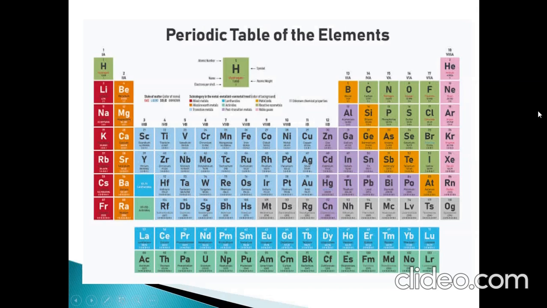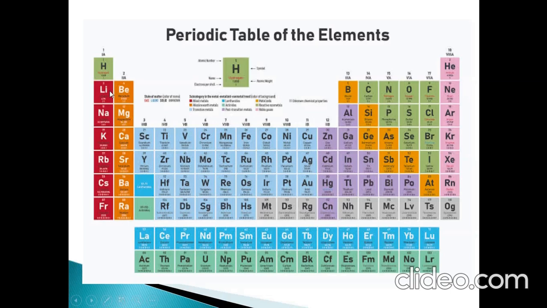Now, in a group, the valency remains the same. For example, hydrogen, it's 1. For lithium, it's 2, 1, that is, 1 is the valency. For sodium also, the valency is 1. So valency remains the same, but the valence electrons change.